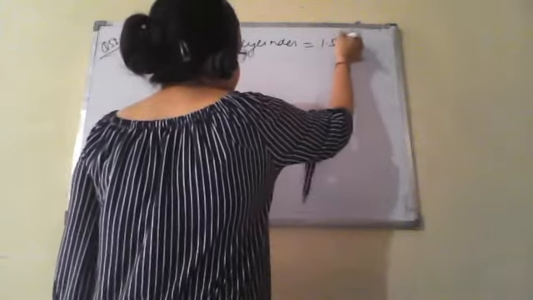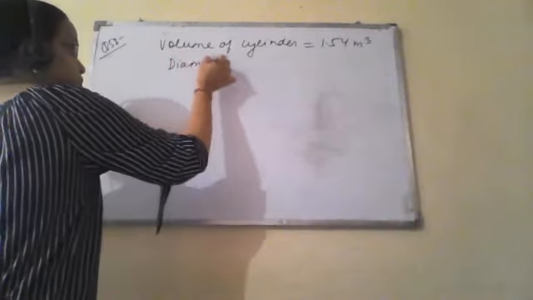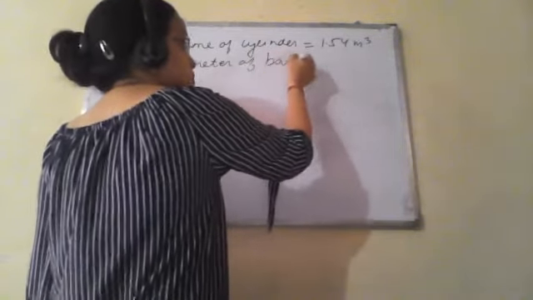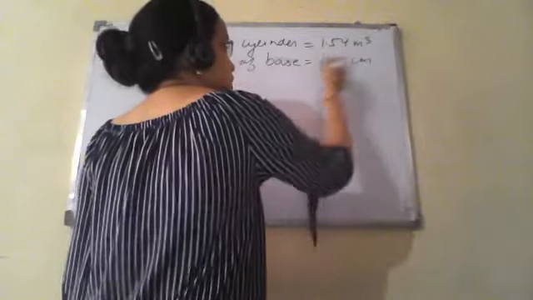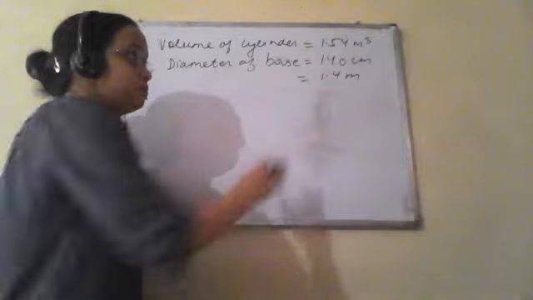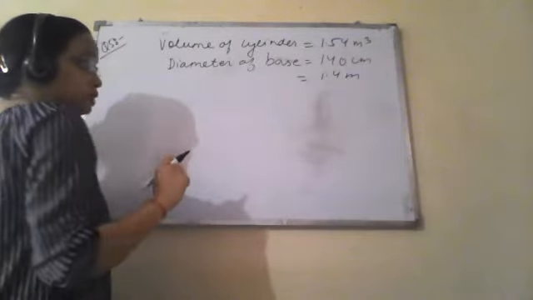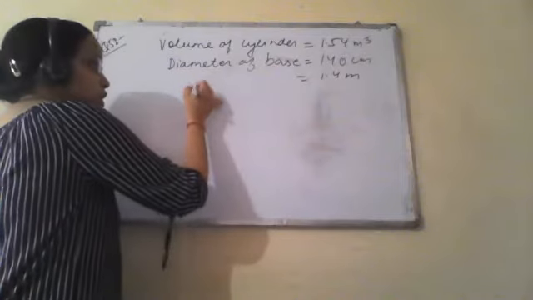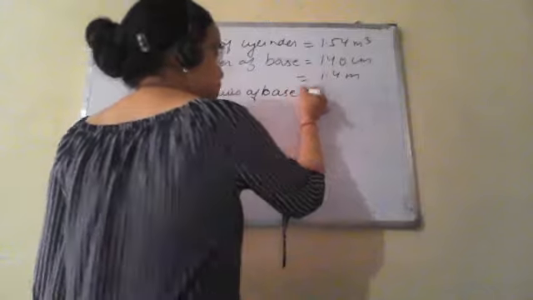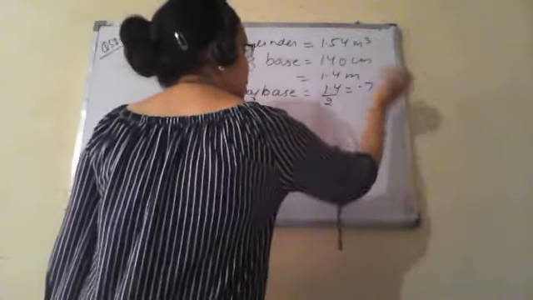This is 1.54 meter cube. Diameter of base is given as 140 centimeter or 1.4 meter. We have divided by 100 in order to convert them to meter because this volume is also given in meter. So diameter of base is 1.4 meter. Therefore radius of base will be diameter upon 2, that is 1.4 upon 2, that is 0.7 meter.